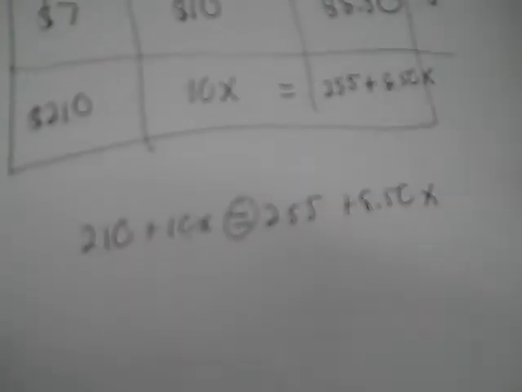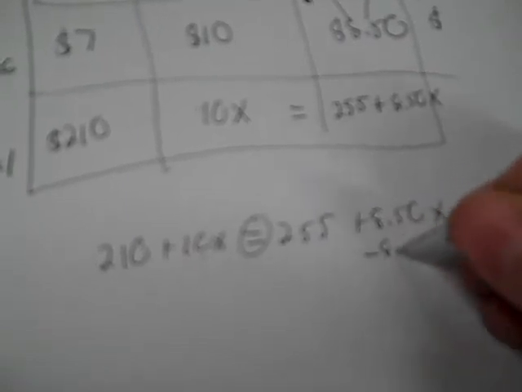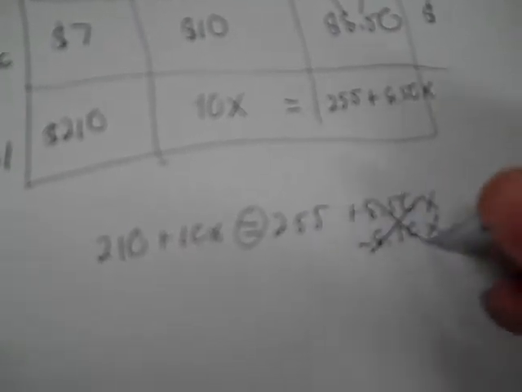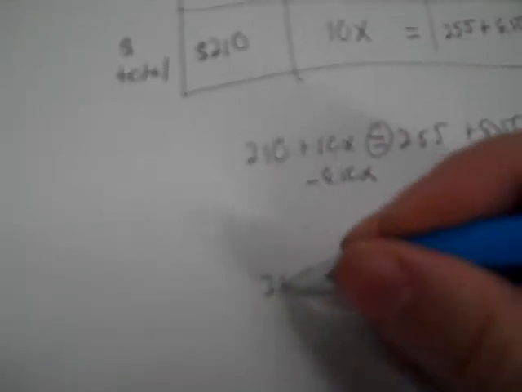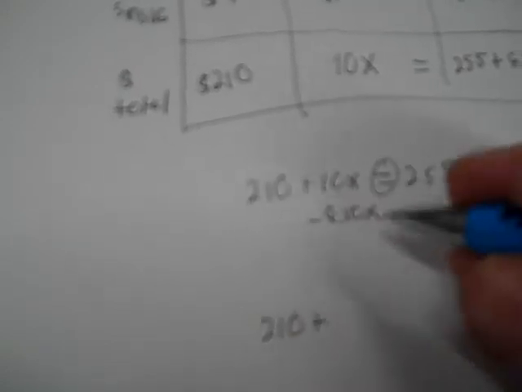Now we can't really add the x's together because they're on opposite sides of the equation, so we'll pick one to get rid of. We'll get rid of the 8.50x, so minus 8.50x on both sides. So it's going to be 210 plus 1.5x equals 255.